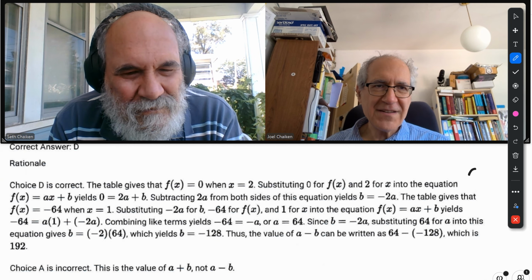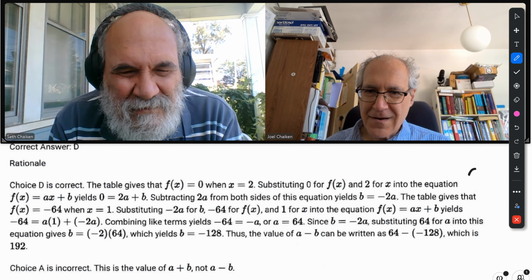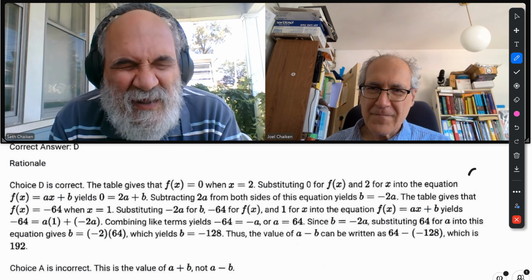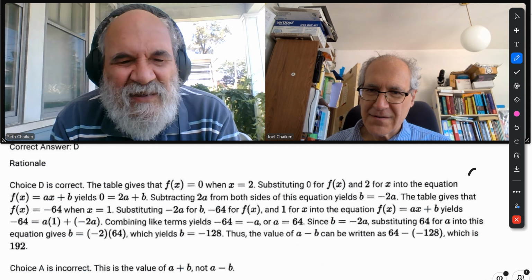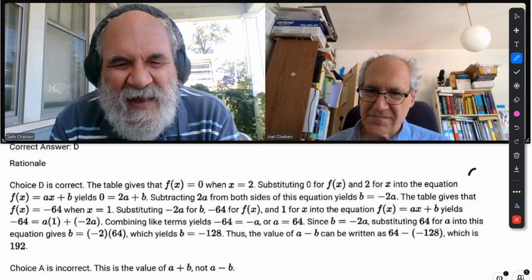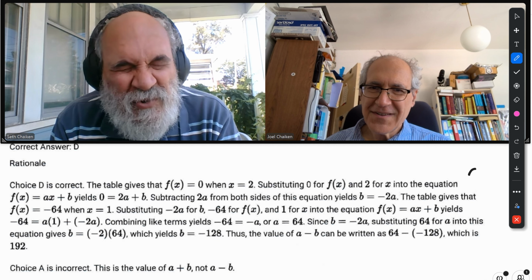Why didn't they just do it the normal way? They did all that in 4 lines. They spent 3 and a half lines to figure out the value of A. The slope. Yes. That was really dumb.